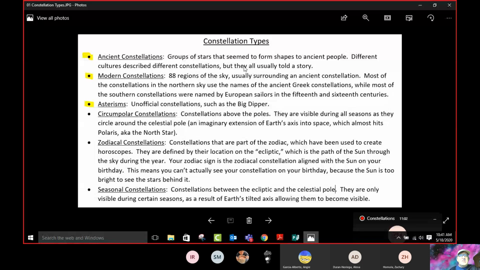And the third thing for us to talk about before we start looking at the individual constellations, we'll come back to these other three, are asterisms. So this is basically also a constellation, but it's not an official constellation. The Big Dipper is an asterism, which is part of a larger constellation called Ursa Major, the Great Bear. So an asterism is unofficial.